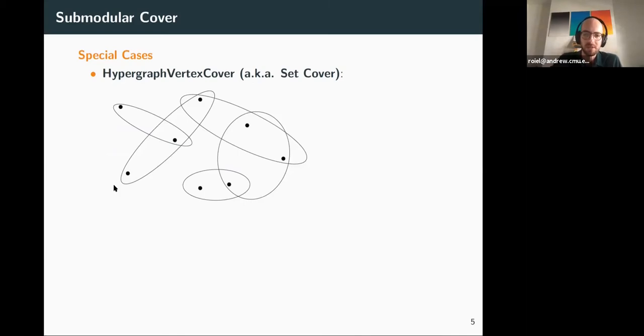And we'd like to pick the smallest number of vertices such that every edge has at least one vertex hitting it. Now, why is this submodular cover? Well, we can define our submodular function to be a function of subsets of vertices of the ground set, and we just let it be the number of edges that we've hit when we choose that subset of vertices. This is called a coverage function, and one can show that this is submodular.